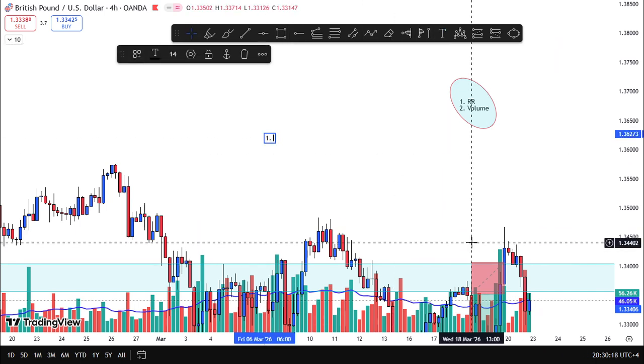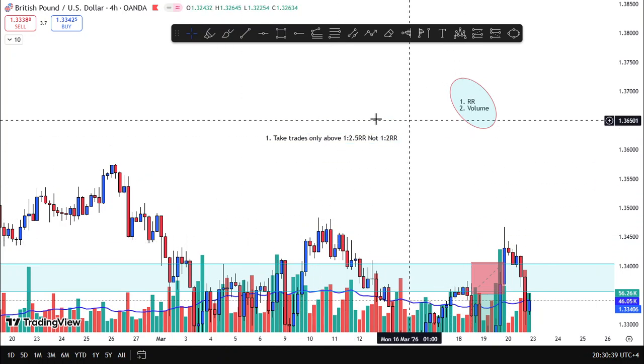Rule 1: take trades only above 1:2.5 RR. Oh my bad, not 1:1.5, it's 1:2.5 RR. Not 1:2 RR. This is very important, guys.